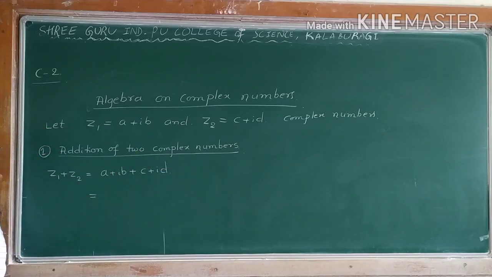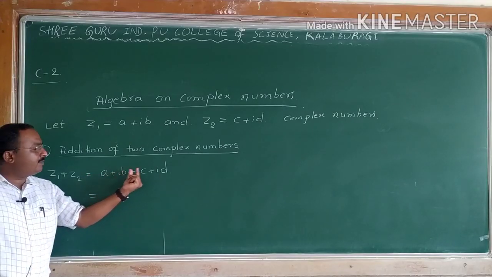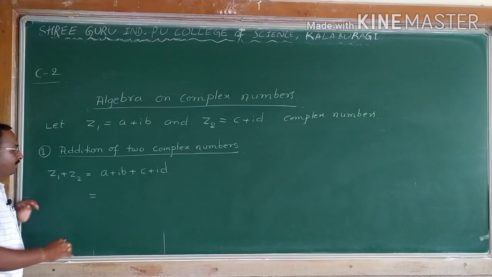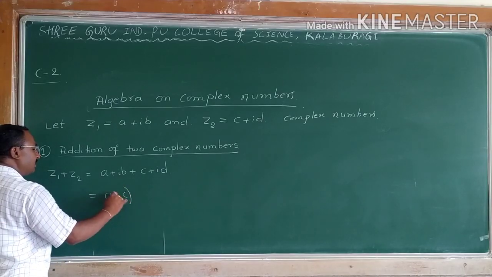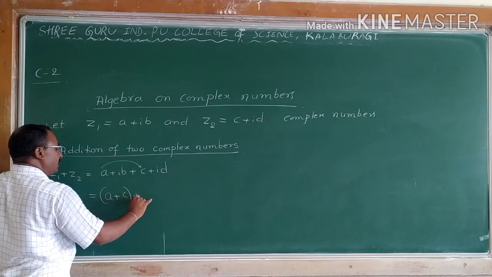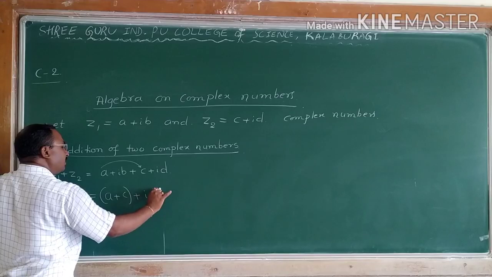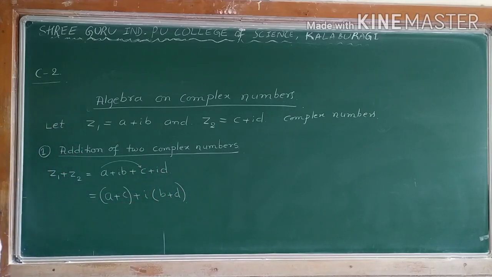In addition, real part one side, imaginary part one side. Real add it, a plus c, these two are reals. Imaginary, i taking common, b plus d. Yes, real part separate, imaginary part separate.